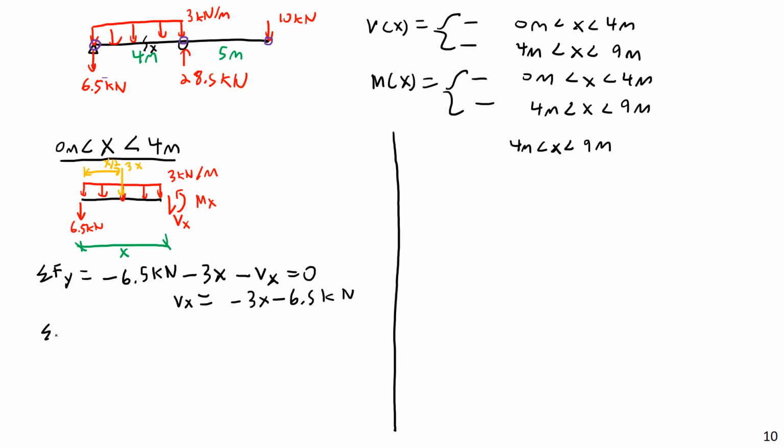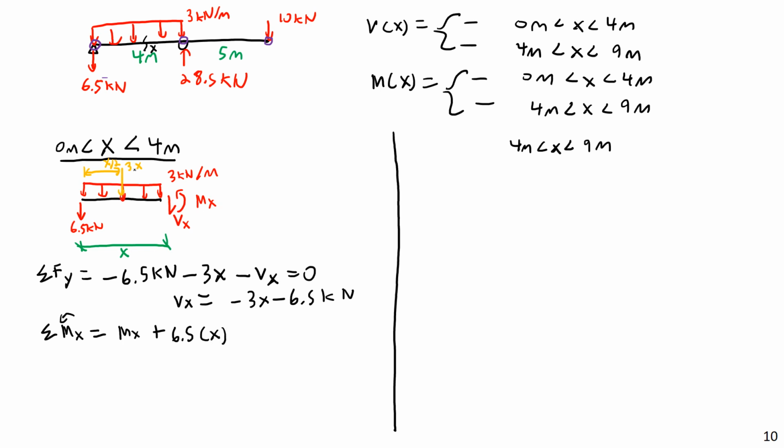Then, to get the moment, I'll do a sum of moments, and again, I'm going to take this about x. Sum of moments about point x. I'll first have the actual Mx, the moment at that point, and then a positive moment from the 6.5 kilonewton reaction force, because that's a counterclockwise rotation. So plus 6.5 times the moment arm length of x.